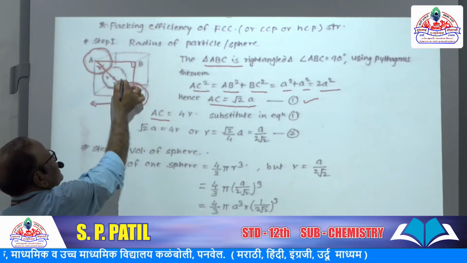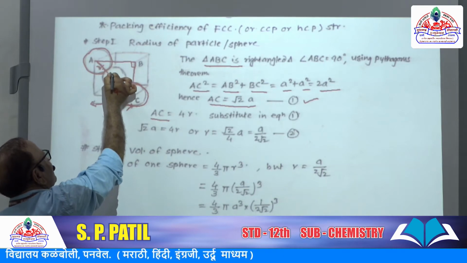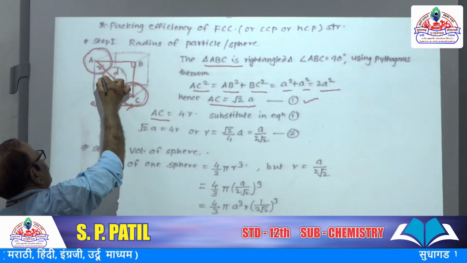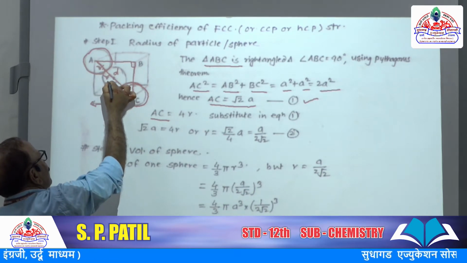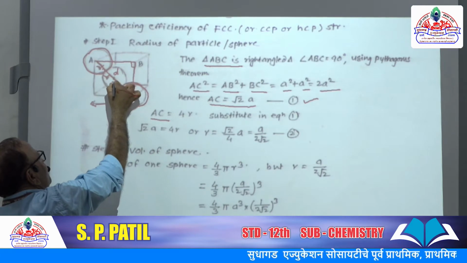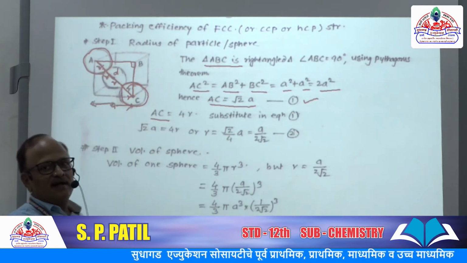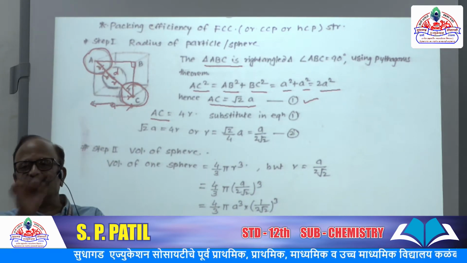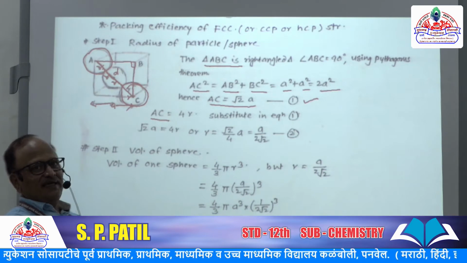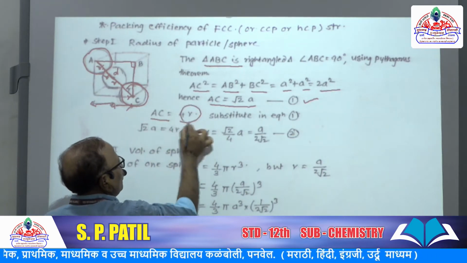And the central sphere, its diameter is nothing but 2 radius. This diameter is nothing but this first radius and this another radius, meaning 2 radius or 1 diameter. So the distance AC we get here is AC is equal to 4r.